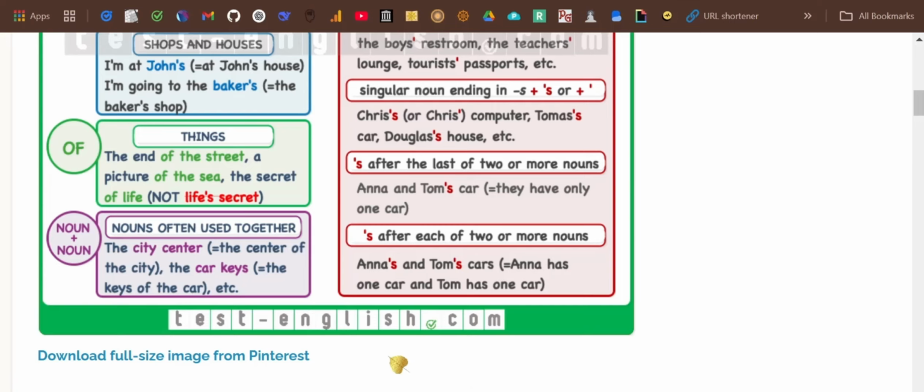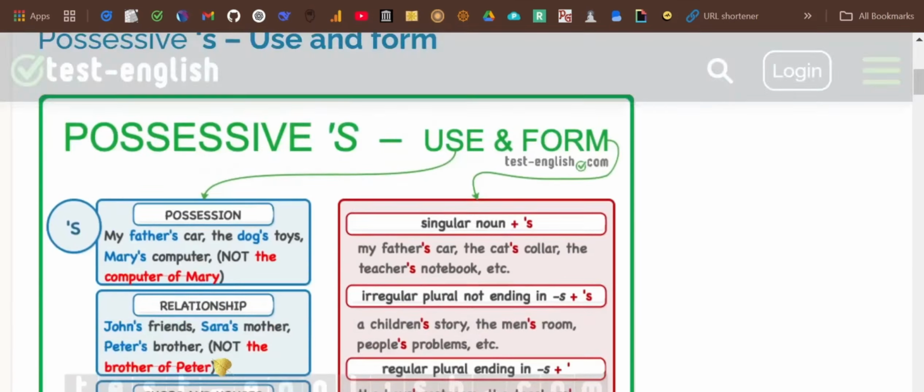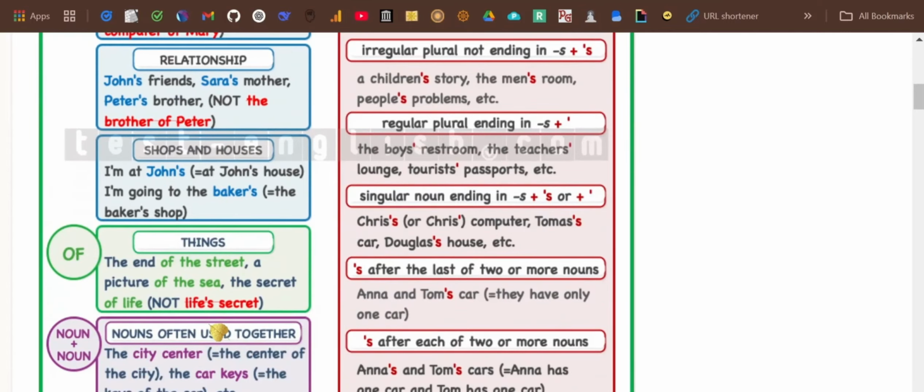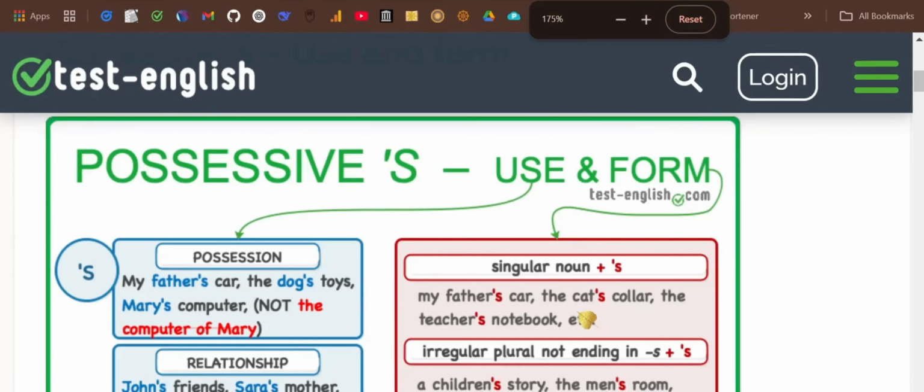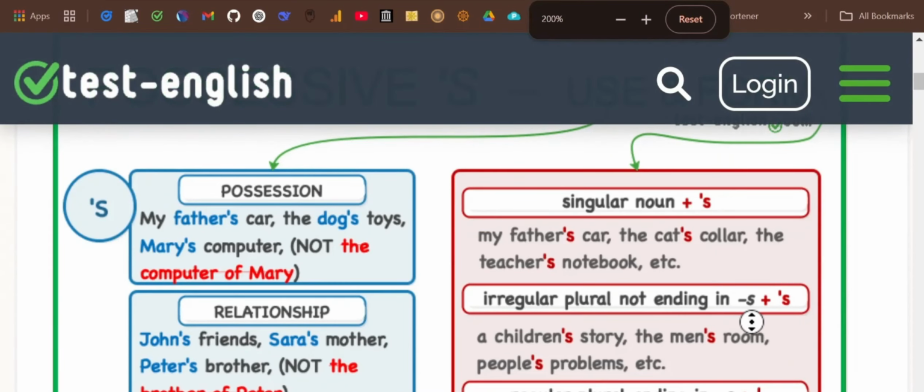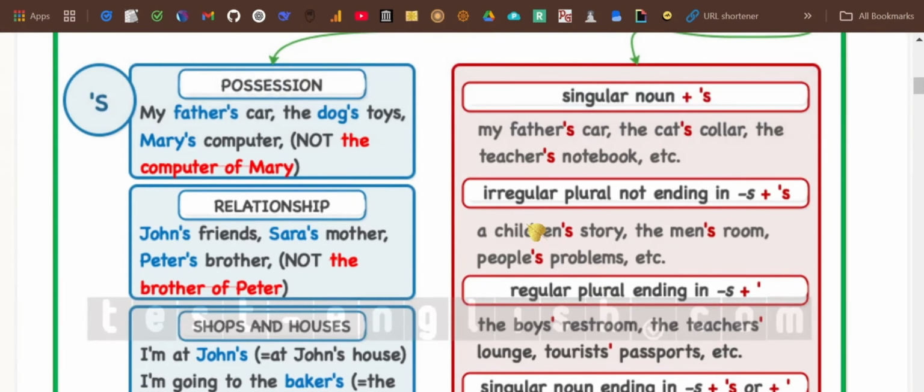Okay, so you have these three ways. Please try to understand these cases, the different cases, and then a little bit of the form, how it is used. If you have a noun that ends in a consonant that is not S, then you just put apostrophe S. If you have an irregular plural, remember we studied some strange nouns with different types of plurals, children is a plural, remember?